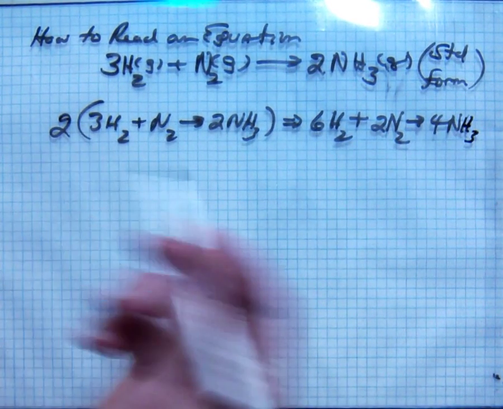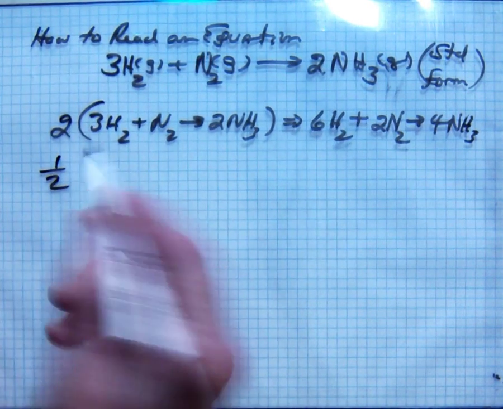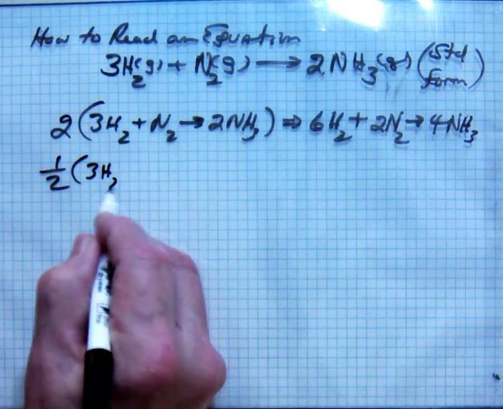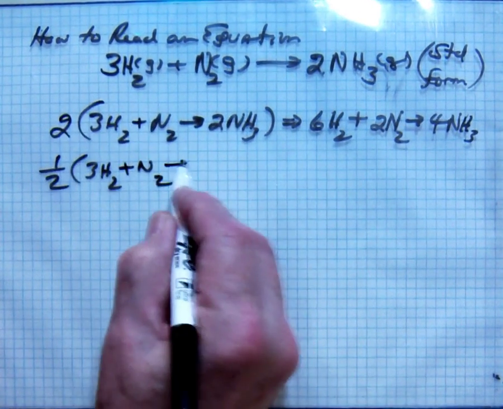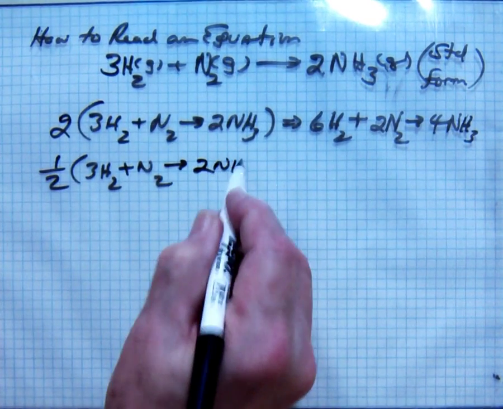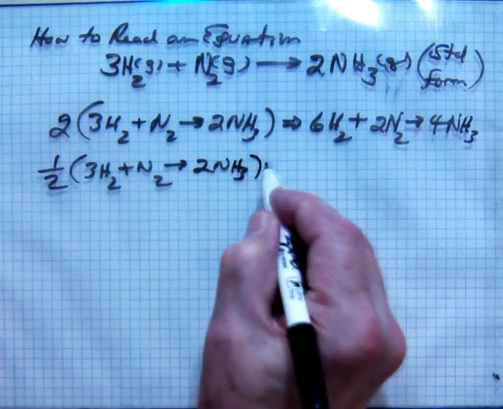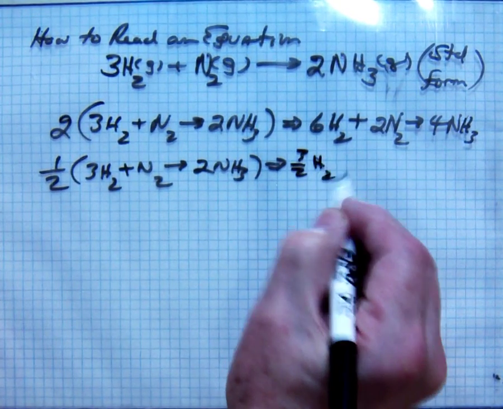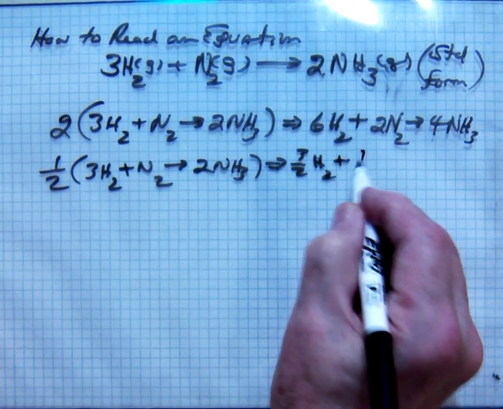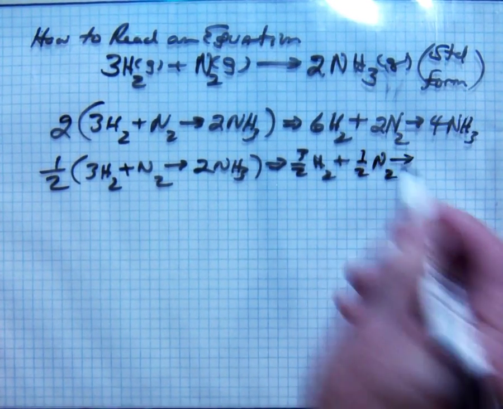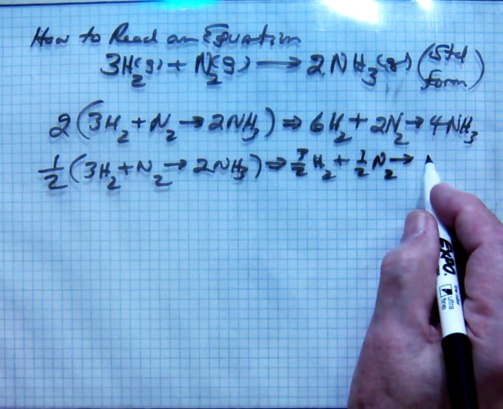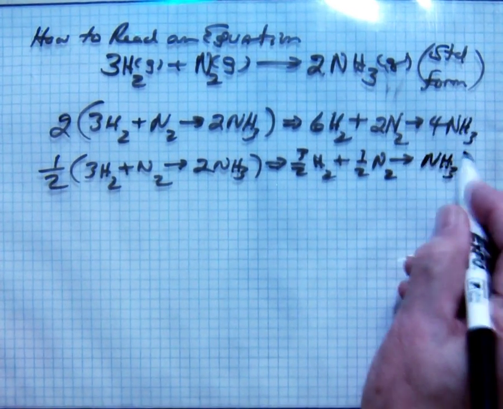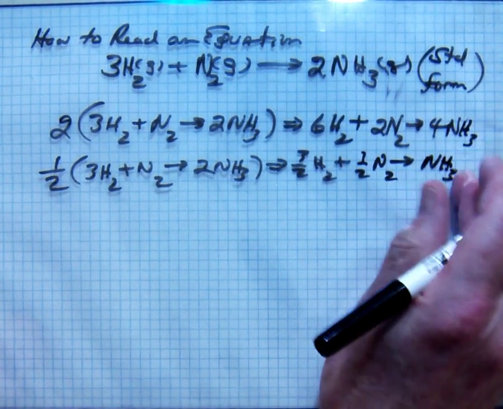Or I could divide this by 2, and I would have 3 H2 plus N2 going to 2 NH3, and you can use fractions: 3 H2 plus a half mole of N2 goes to NH3. We're going to put it on there like that.